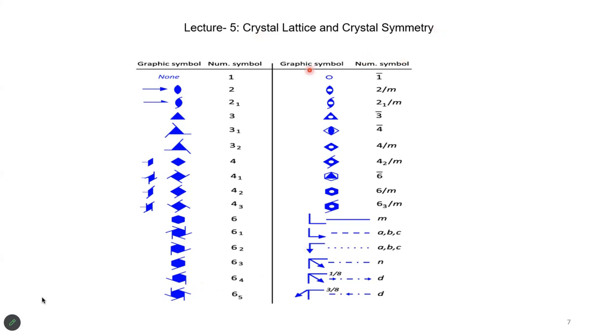So these symbols are very important to note. We don't think that we need to memorize them. We will take this in front of us and then explain what the space group is, what its symmetry elements and equivalent positions are, and where the equivalent positions are developed. Okay, now we go to the next slide.